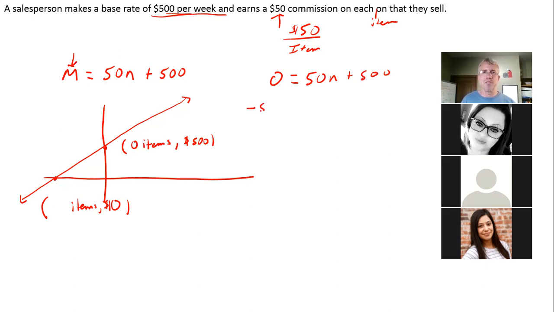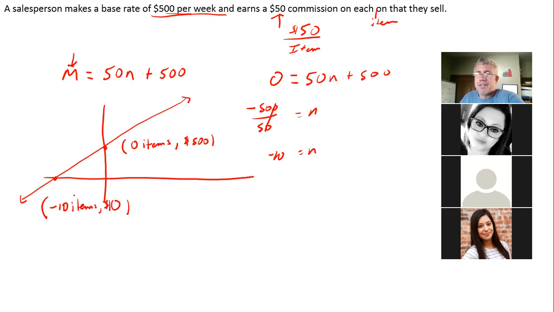So you get negative 500 over 50 equals N equals negative 10. So it's negative 10 items. So I can interpret this. This says if the salesperson sells negative 10 items, they'll make no money.